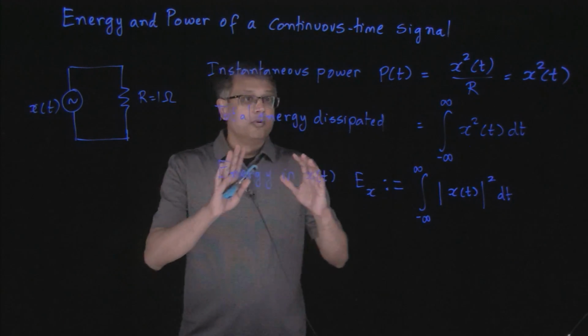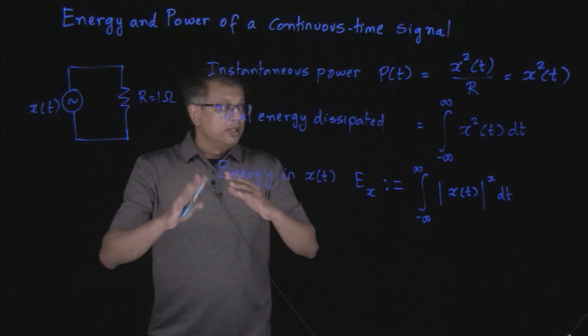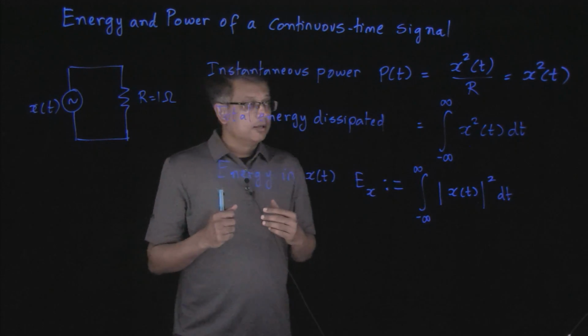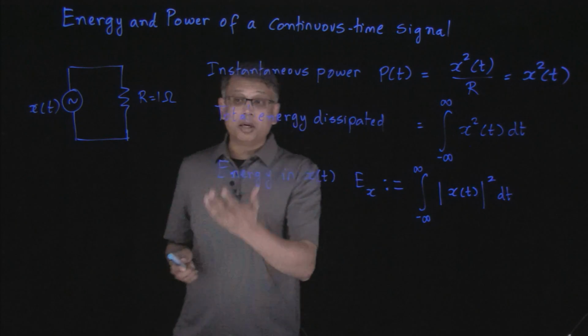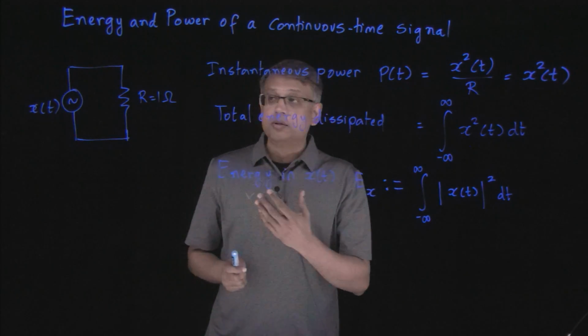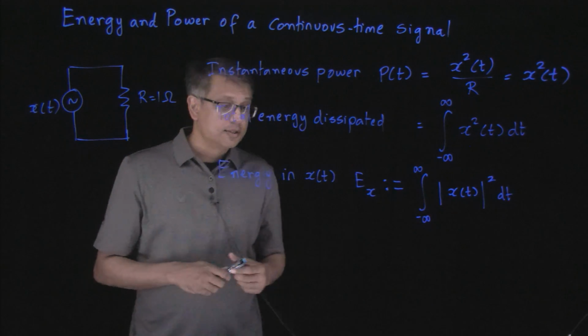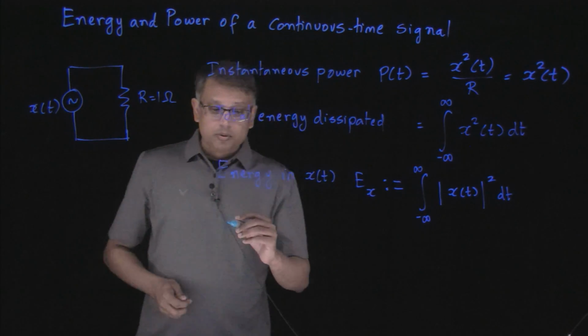Now, we started with defining the instantaneous power, but the instantaneous power is a function of time. So we can think about the average power that's dissipated in the process of applying x of t to the circuit and ask ourselves, what's the average power that's dissipated in the resistor? To compute the average power, what we could do is this.